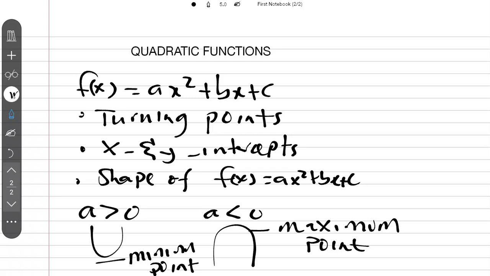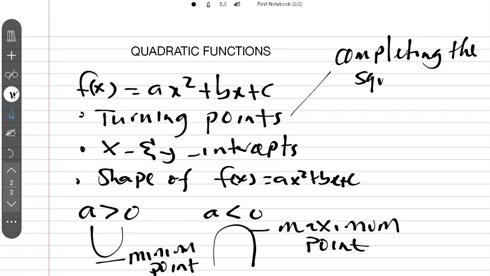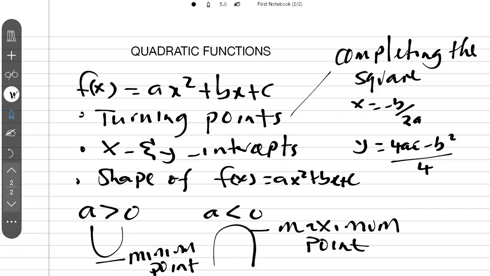Okay, also, how do you find a turning point? You find a turning point by simply completing the square, or you are going to use this formula: x is equal to negative b over 2a. That is for you to find the value of x, and for y it is 4ac minus b squared over 4a.